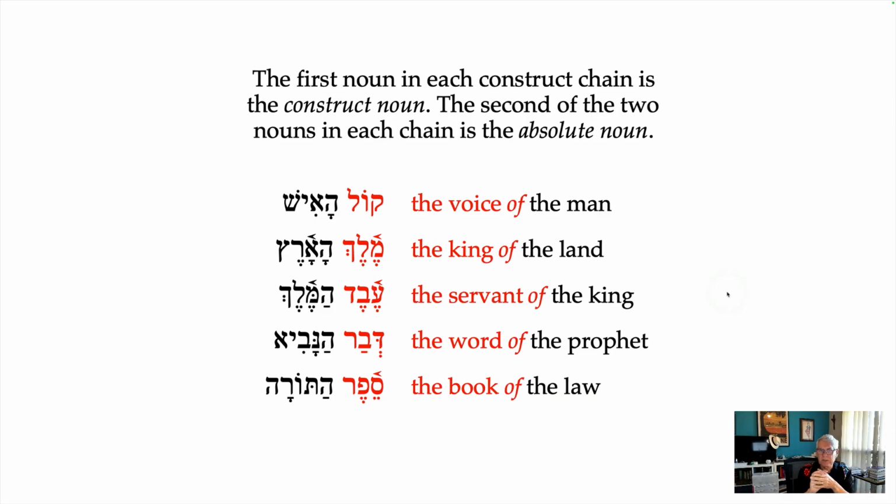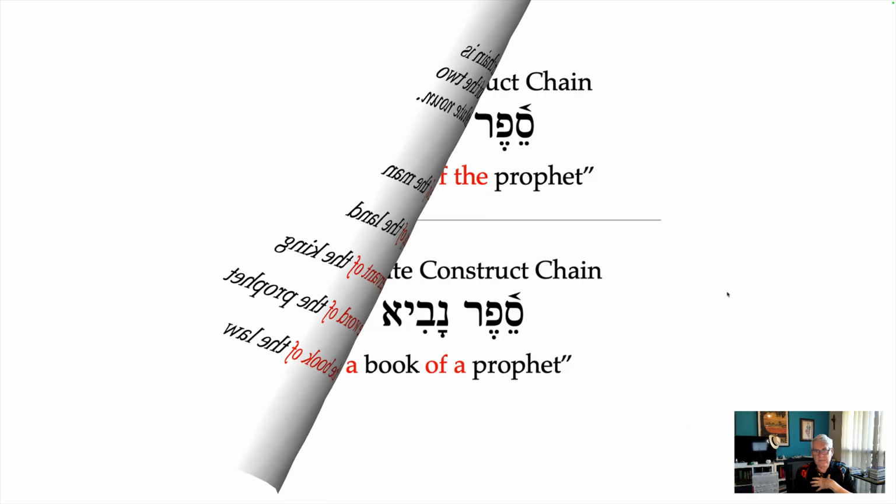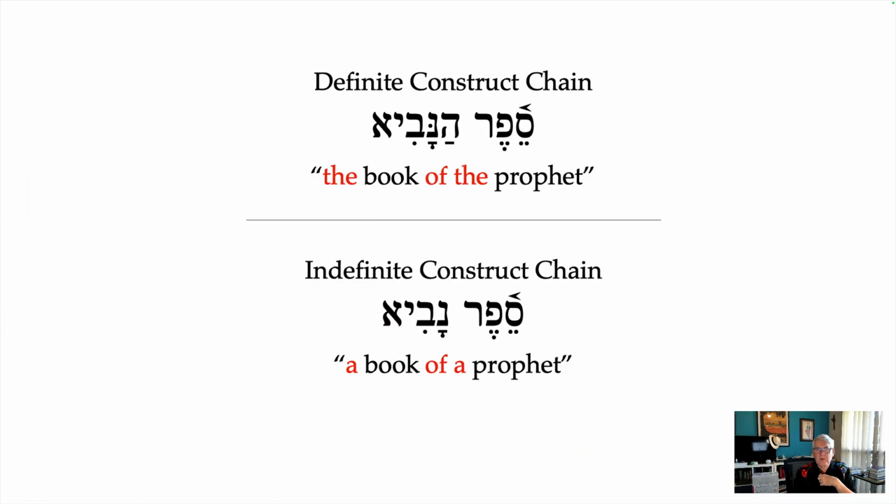So you can see it's a simple enough phrase, but this is a very powerful little linguistic device that's used within Biblical Hebrew. So when it is Sefer HaNavi, it's the book of the prophet.